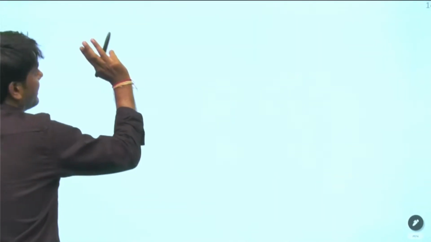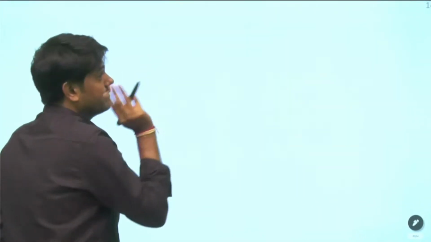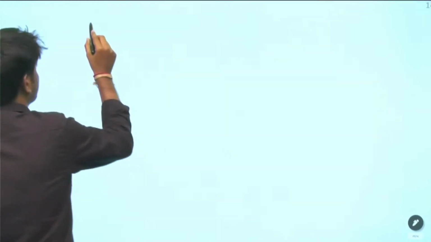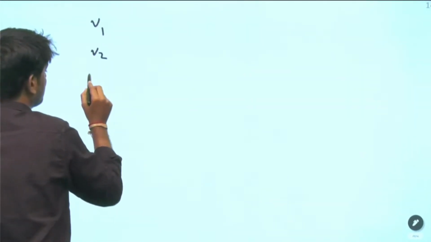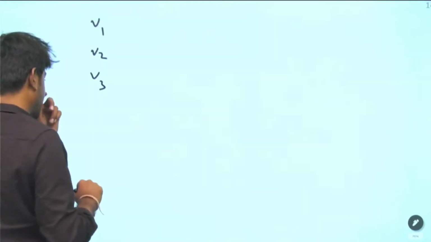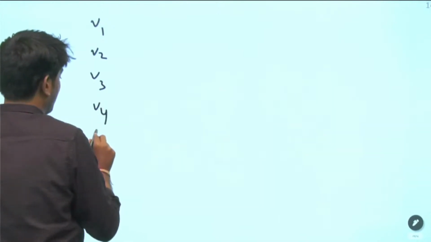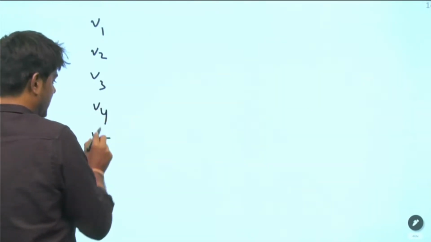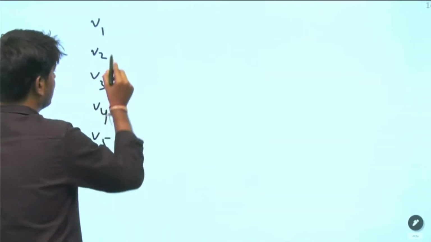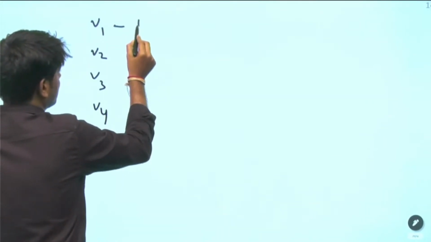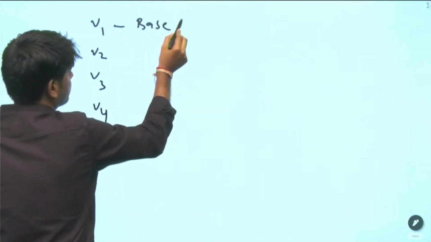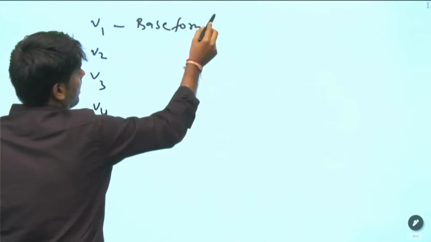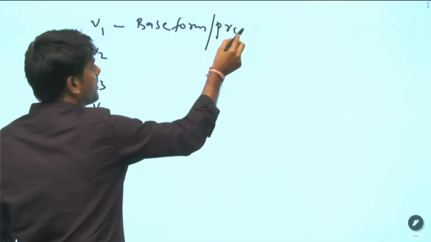So let us discuss verbs and verb forms. Generally there are three verb forms, V1, V2 and V3, but we also have V4 and V5, which are derived from V1. V1 is called the base form or present form of the verb.